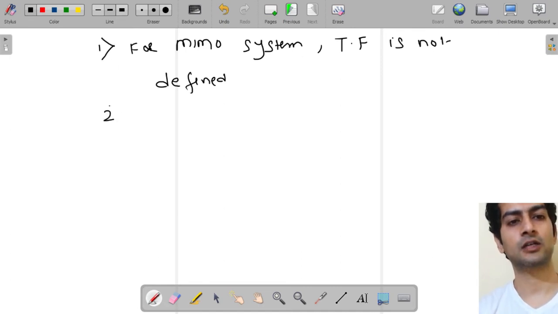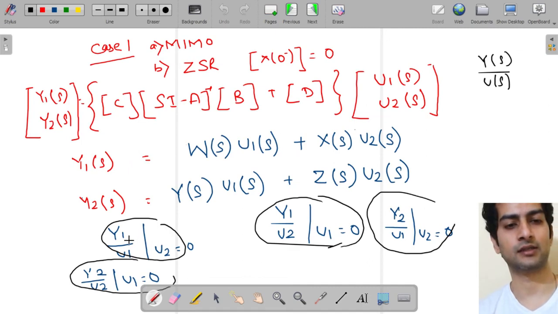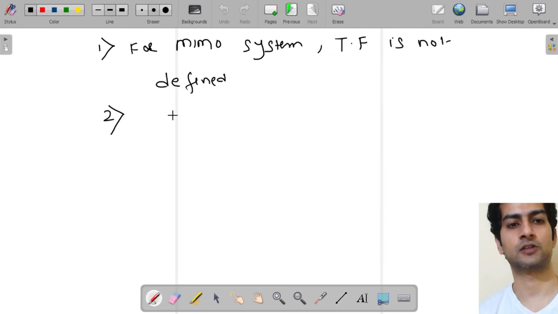It is not that transfer function doesn't exist. Transfer function exists in another form, like y1 by u1. It's also a kind of transfer function: output by input, one output, one input. But it is not the overall transfer function.